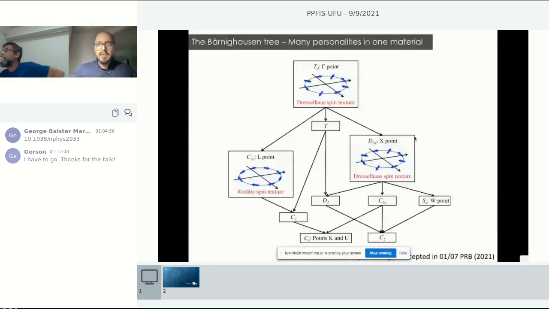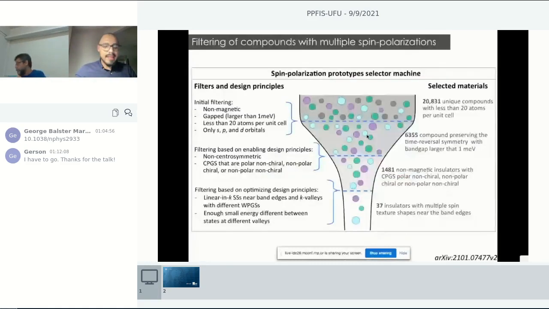Okay, okay, thank you. Well, so now we can, for instance, use that to filter compounds for specific applications. So the idea is the following. If I take a compound, I can ask myself the following question.